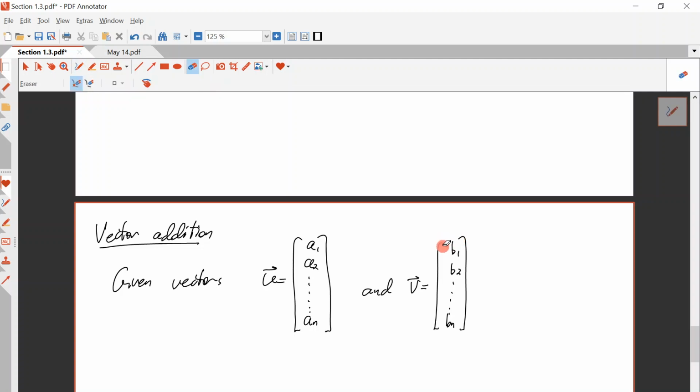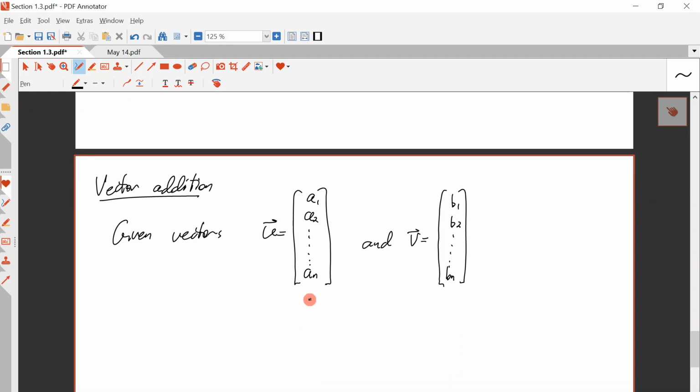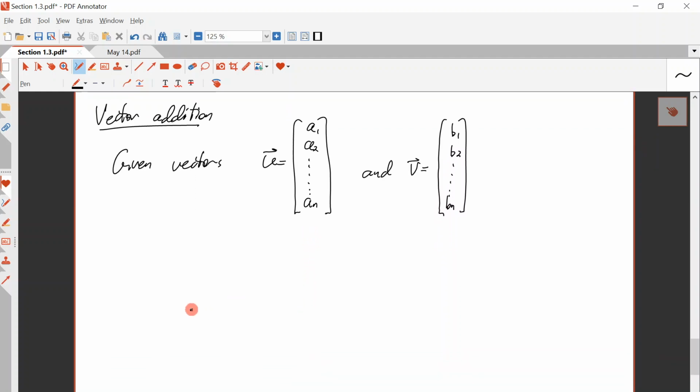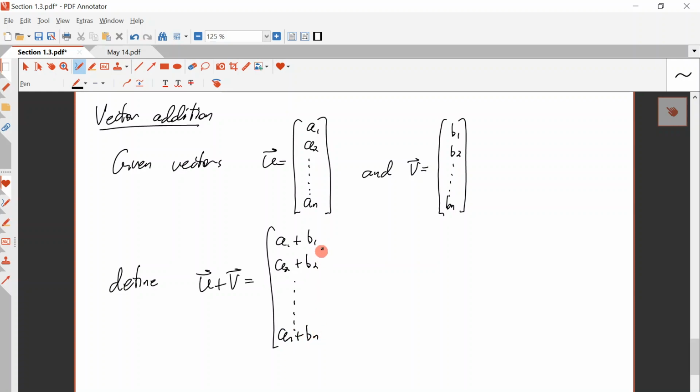So both two-dimensional, both three-dimensional, both four-dimensional, so on and so forth. Define u plus v equal to the vector that we just add the components: a1 plus b1, a2 plus b2, an plus bn.